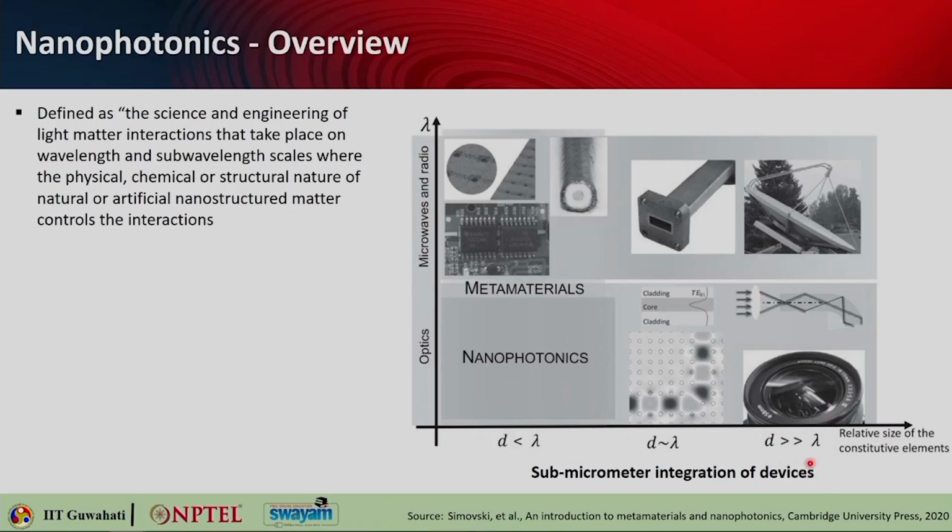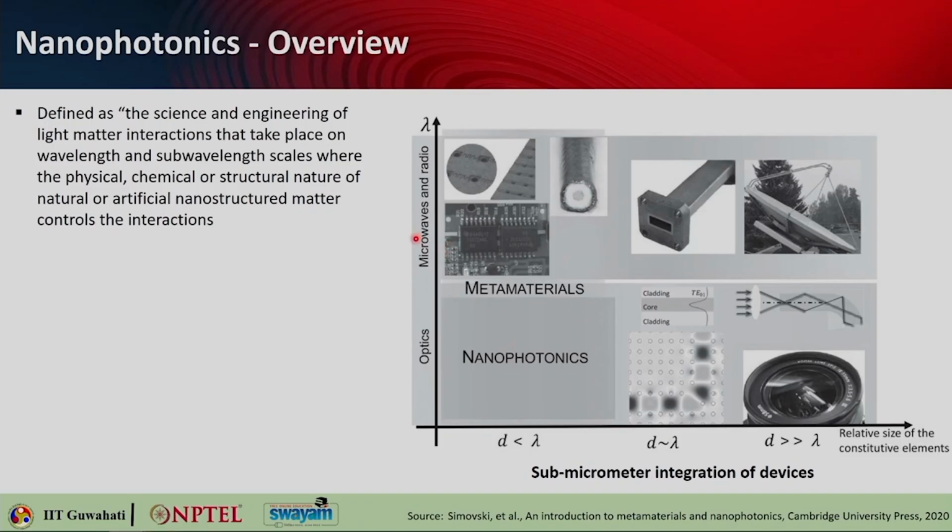We have seen that when the size is much larger than the wavelength, that is where bulk optics come into the picture. When they're comparable, that's the photonics field. And when the device size is smaller than the wavelength, we have nanophotonics. So that is what happens in the optical area.